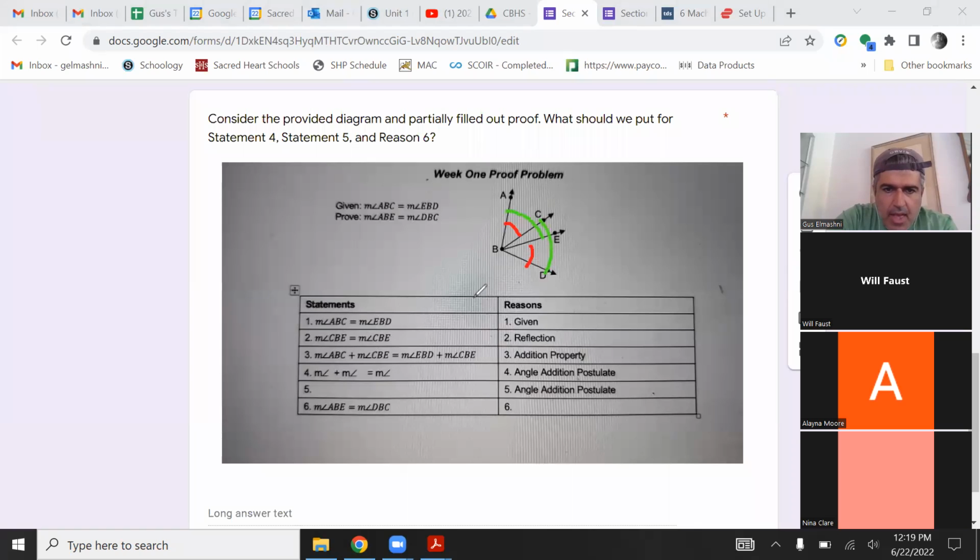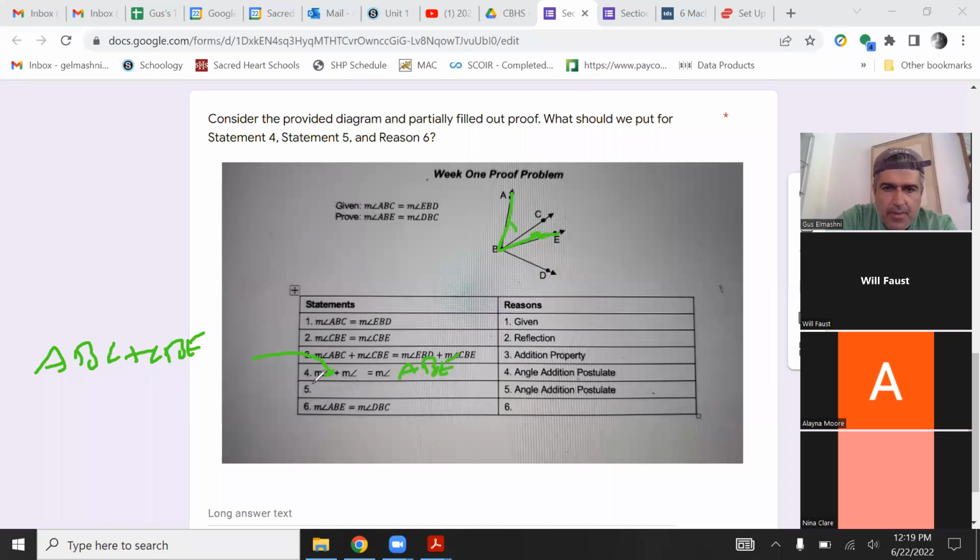And then angle addition postulate, if you think about it, you're adding angle ABC plus CBE equals ABE, right? Let me erase this here. So if I call this angle 1 and angle 2, it's going to equal this whole thing, ABE.